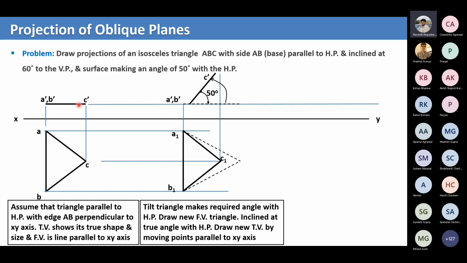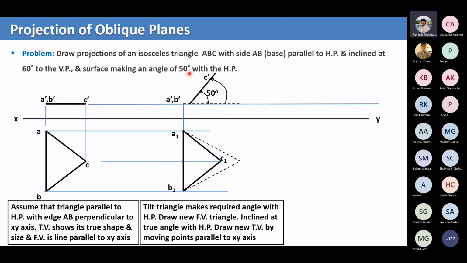We are tilting this line A dash C dash by an angle 50 degrees to satisfy this surface making an angle of 50 degrees. So everyone understands now why this line is making an angle 50 degrees, satisfying this surface making an angle of 50 degrees.